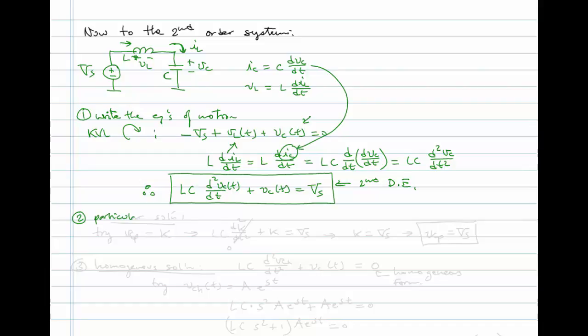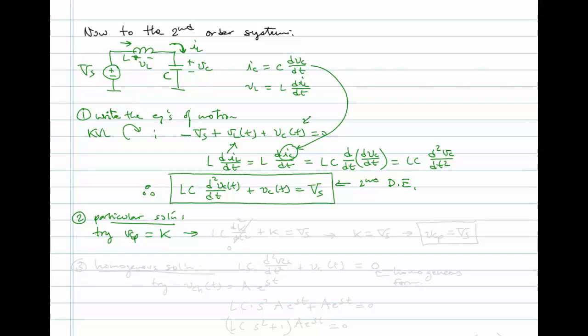So, particular solution. We're going to try the approach we had before, which is essentially, if we see the system being forced by some constant, which is the case here, we're going to assume that the particular solution will also have that same form. So let's just try Vc particular equal to just some constant k. All right, try it.